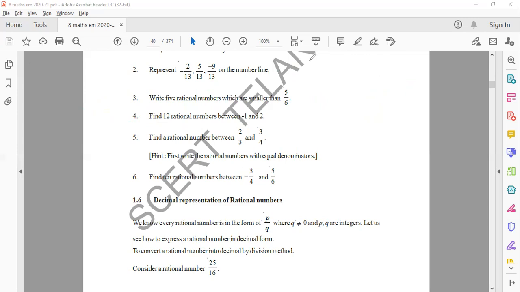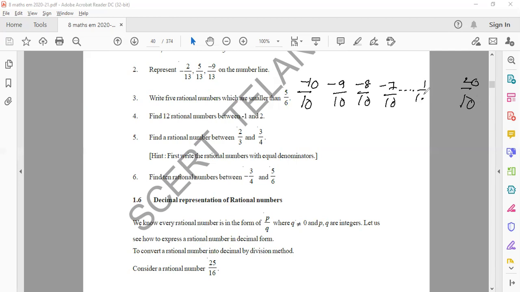Please try to understand how I was doing it. Let us take the question. Minus 1 by 1 is there, and 2 by 1. You can multiply with 10 on both numerator and denominator, into 10 by 10. Minus 10 to 20. After that, can I write minus 9 by 10, minus 8 by 10, minus 7 by 10, and so on?